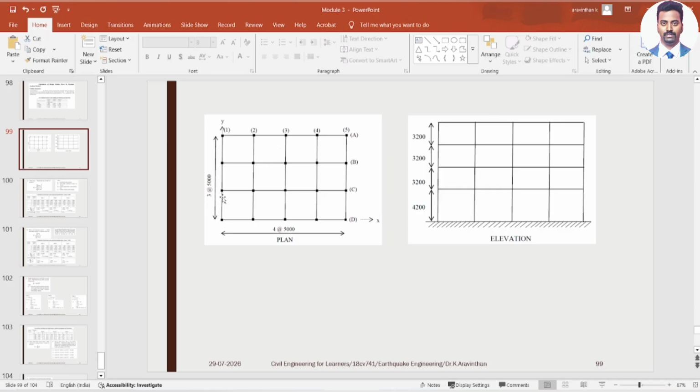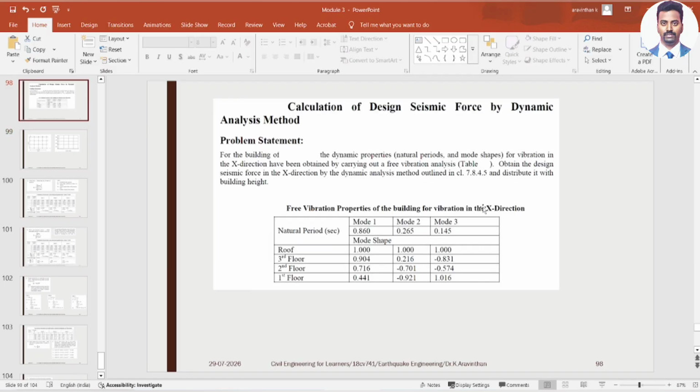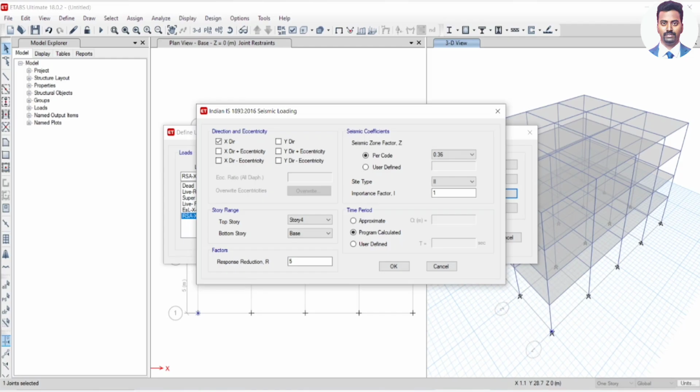If it is not, here you can see you are having 1 2 3 4 5 bays in x direction and 1 2 3 4 bays here. Definitely the natural period will slightly change, and we are considering only the x direction, the property of building vibration in x direction only. And we can provide the response spectra cases. This is a 4-story building.